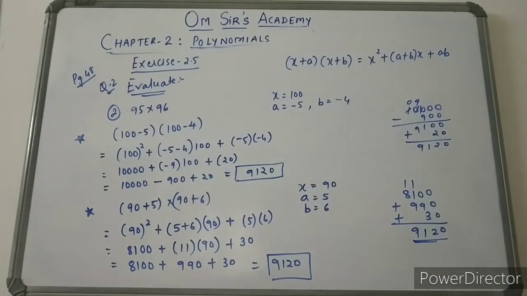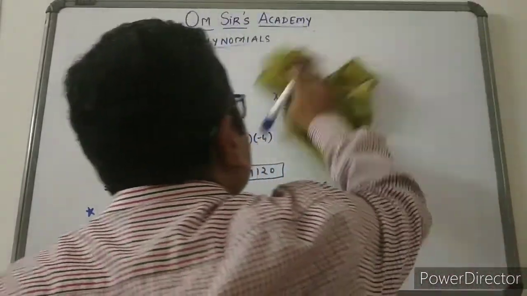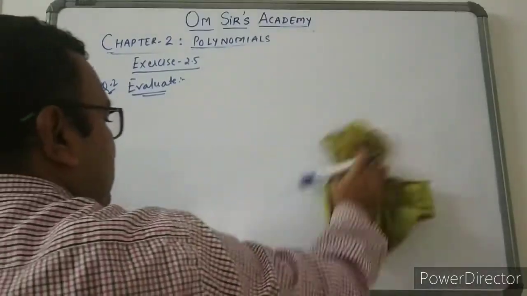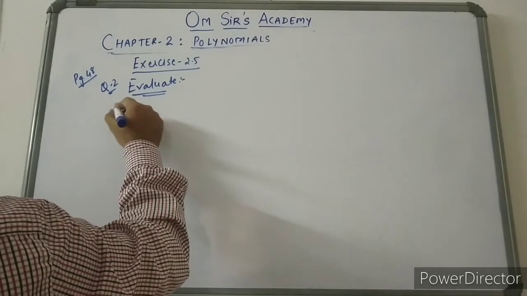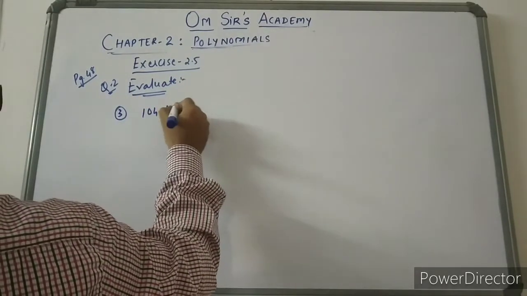Now we move to the next topic, next sum. Sum number 3 of this. It is 104 into 96.